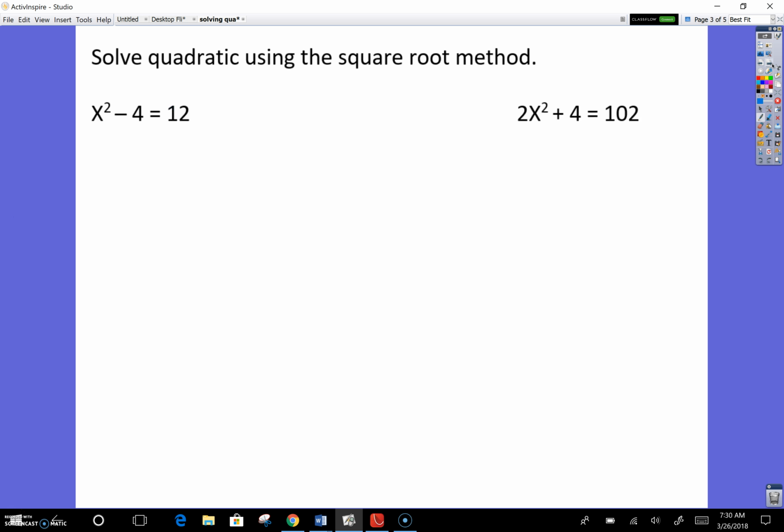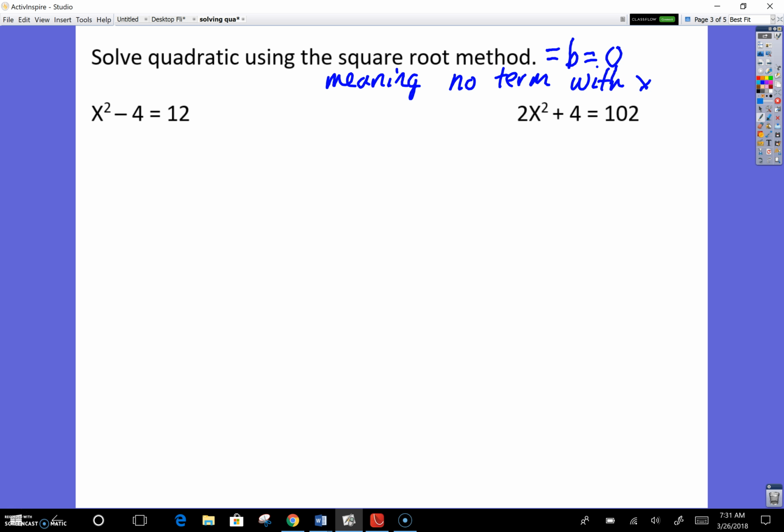The one thing you need to understand about solving quadratics using the square root method is that b has to equal 0, meaning no term with x.